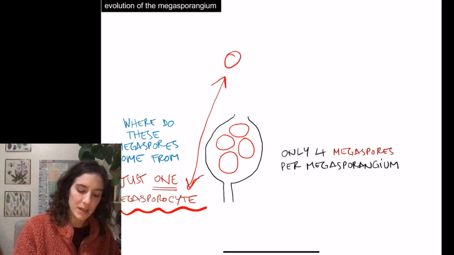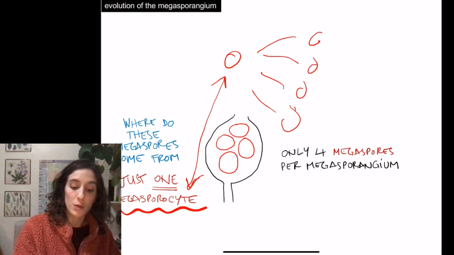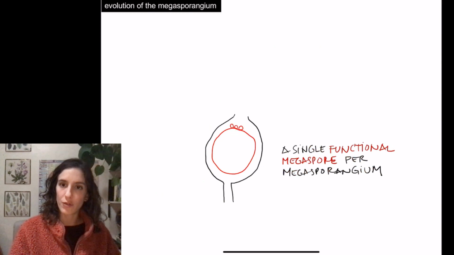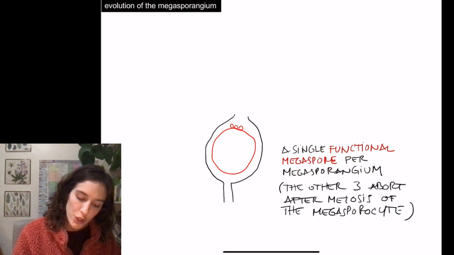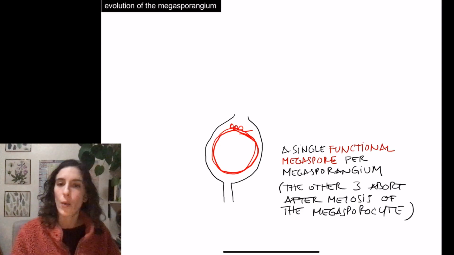It was that megasporocyte that underwent meiosis to form those 4 megaspores. And so over evolutionary time, yes, we still have 4 results of meiosis, but 3 of them just abort, one of them just survives, and the other 3 go away.